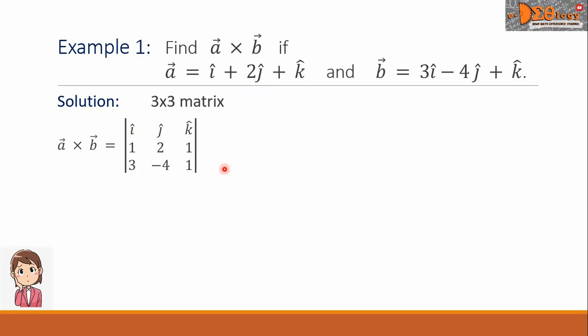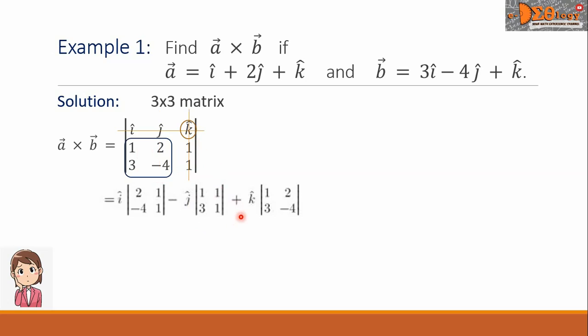The last row is for the coefficients of vector B: 3, negative 4, and 1 respectively. Now let us write i multiplied by the square matrix 2, 1, negative 4, 1. Then minus j multiplied by the square matrix 1, 1, 3, 1. Then plus the element k multiplied by the square matrix 1, 2, 3, and negative 4.